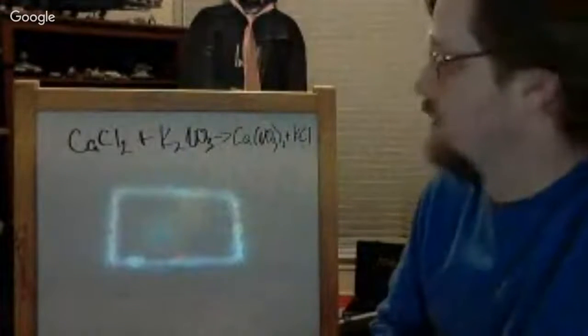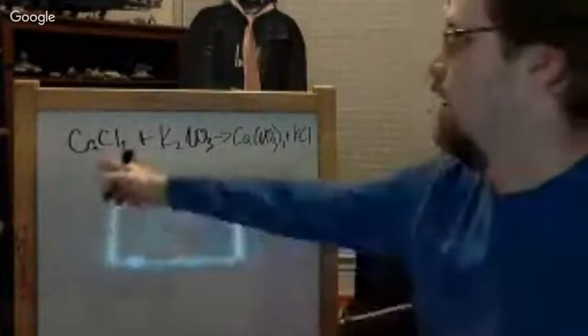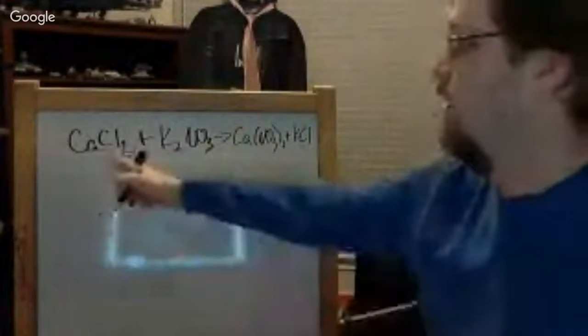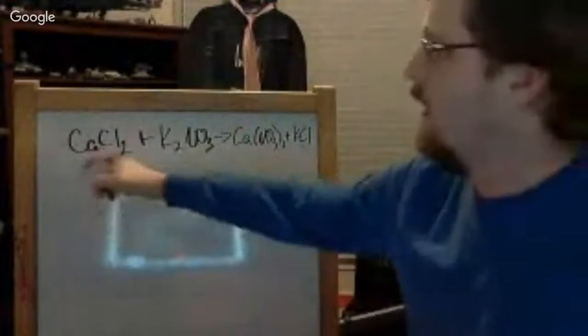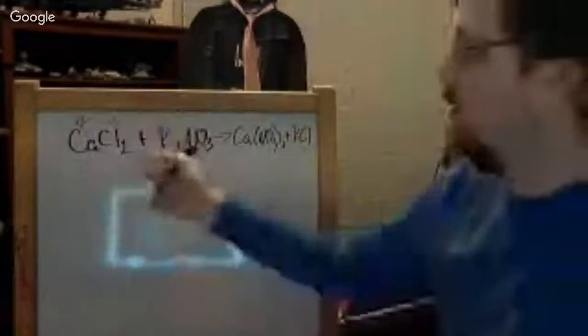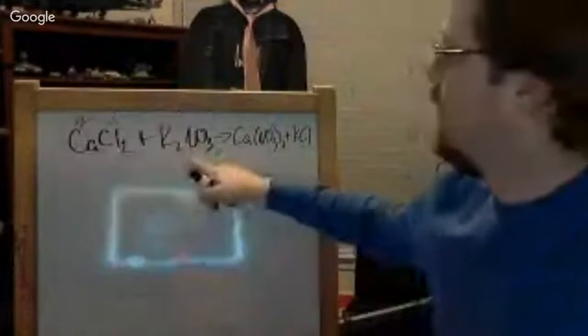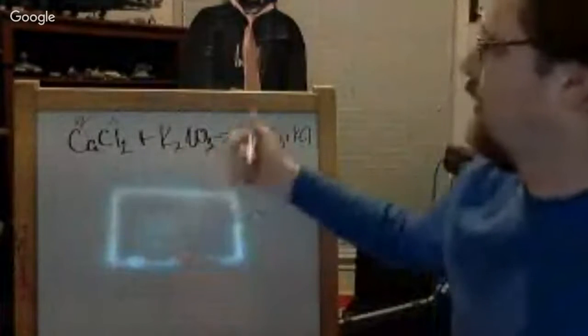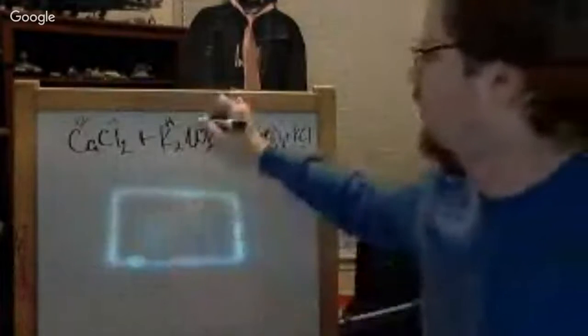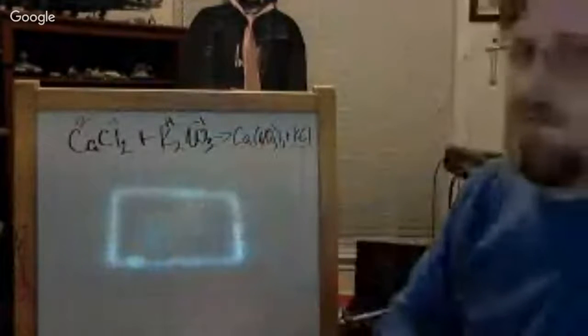So let's go through. Let's start with calcium, sorry. So calcium is in group 2, so it has a charge of +2. Chlorine has a charge of -1, and 2. So this formula is actually right. The next one, K2NO3. Well, potassium has a charge of +1, nitrate has a charge of -1.